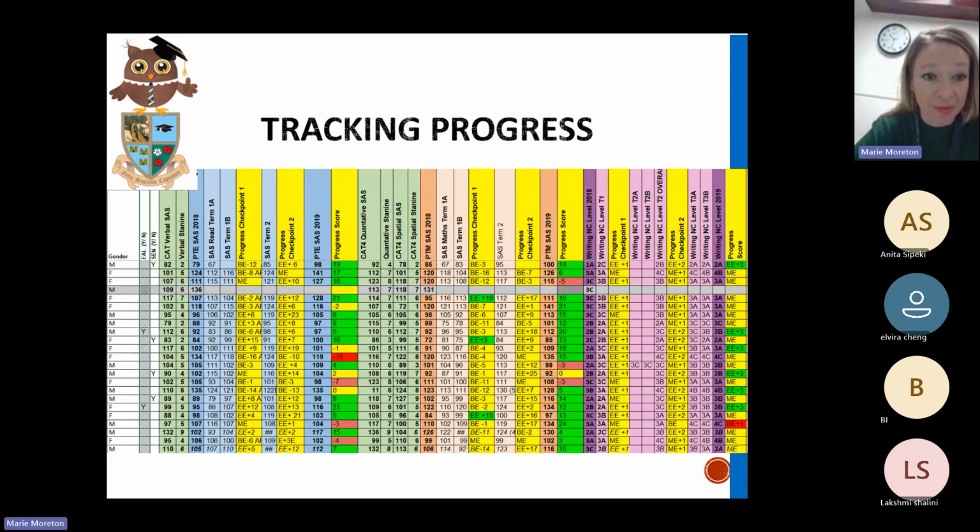If there was somebody who was underperforming, I can't see anybody who was underperforming at the moment. Yes, I found one. So this boy down here scored 132 on his verbal ability, but in his Progress Test in English, he scored 102.